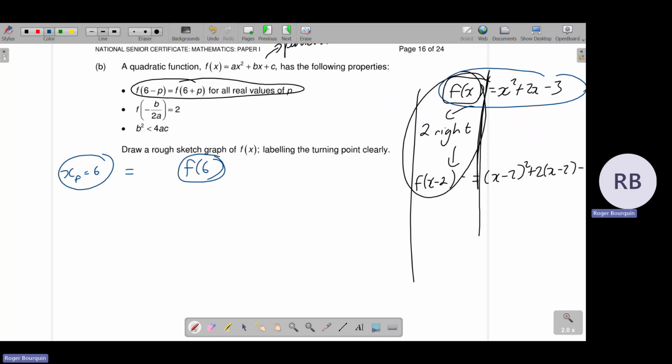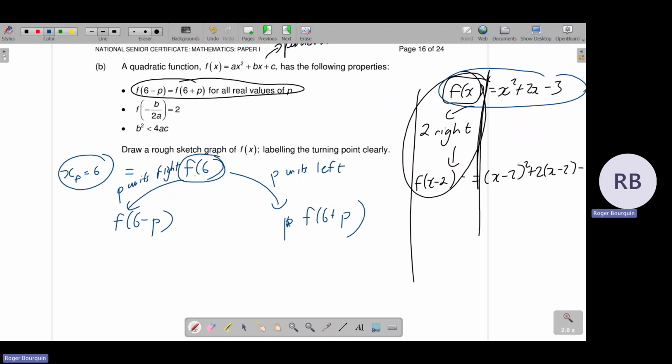If I said go shift this point p units to the right, what would f of 6 become? f of 6 minus p, right? Then I've shifted p units to the right. You with me? If I said go shift this p units to the left, what would it become? f of 6 plus p.